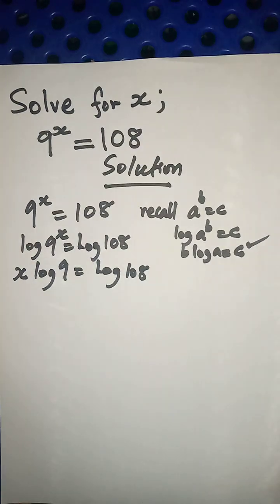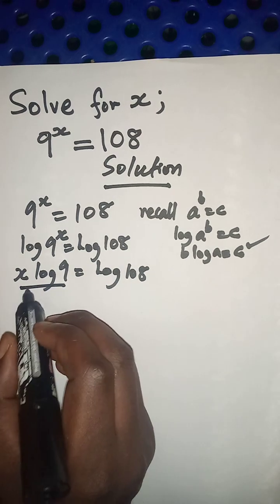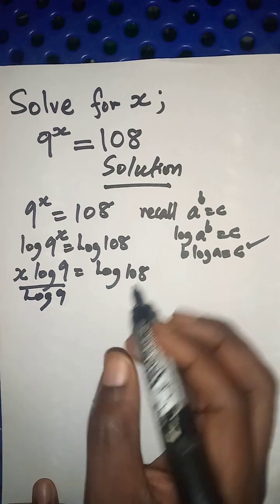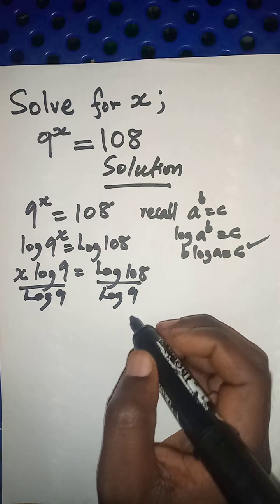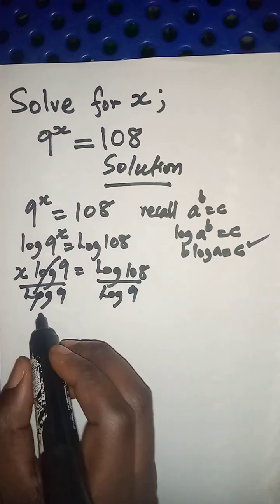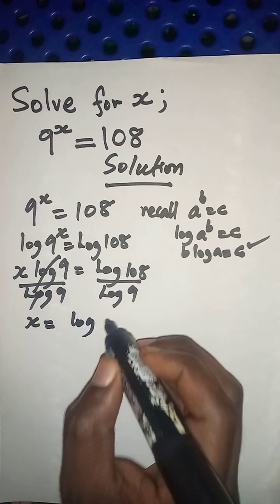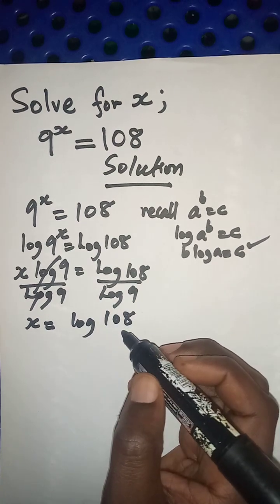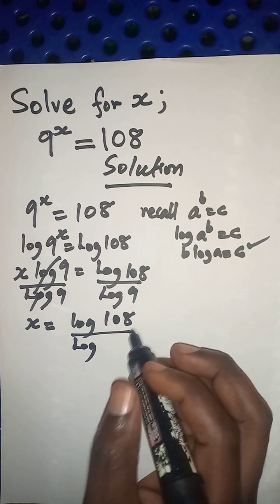So it is now very clear that for me to remain with x, I'm going to divide all through by the log of 9, so that on my left hand side, I'm going to remain with x, which is now equal to the log of 108 divided by the log of 9.